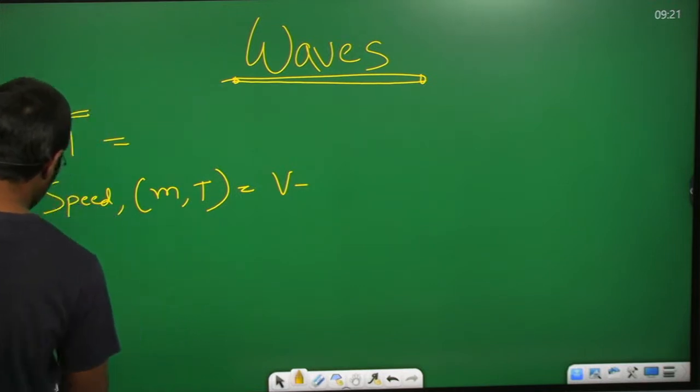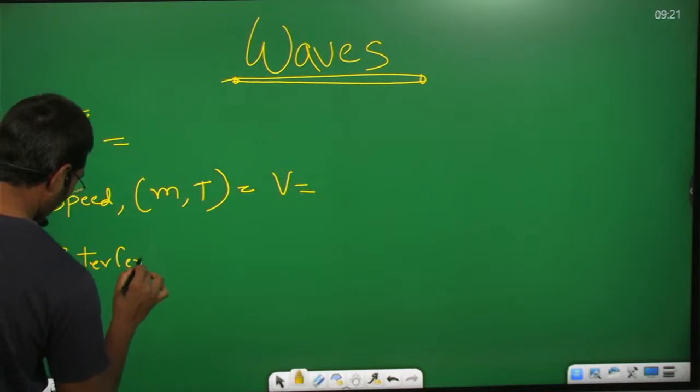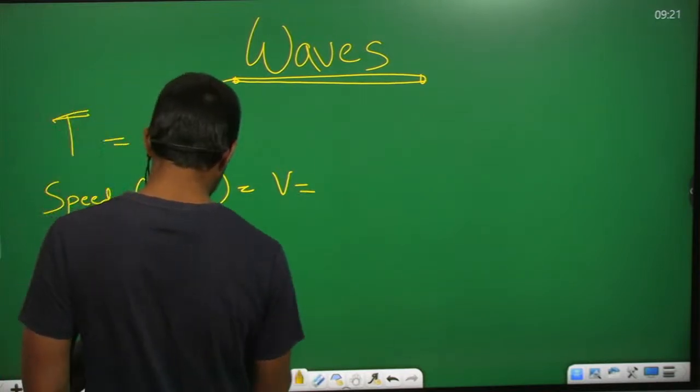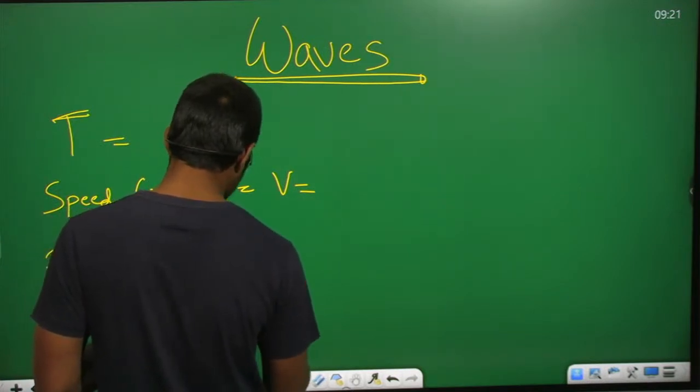So now interference. Interference of two waves. When two waves interfere, what is the resultant amplitude?